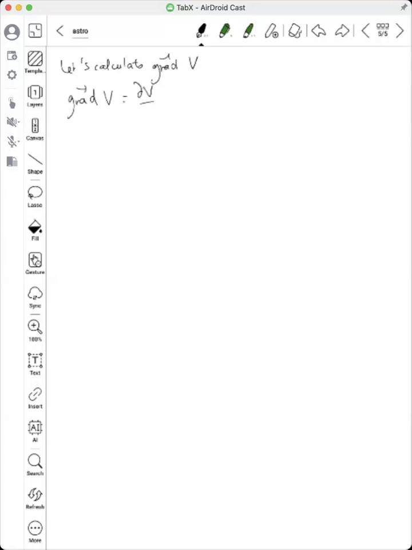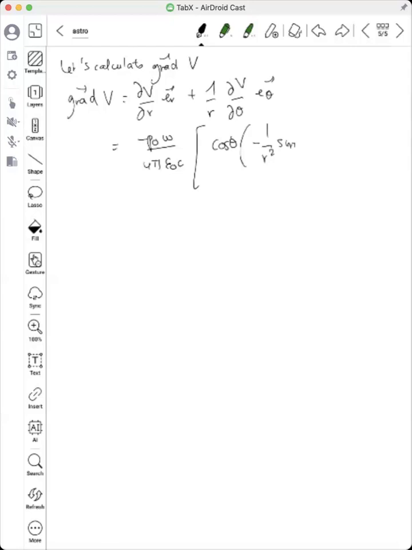So grad of V is dV/dr e_r plus 1 over r dV/d theta e_theta, right? And this is cos theta. Okay, I'm just doing the derivative.